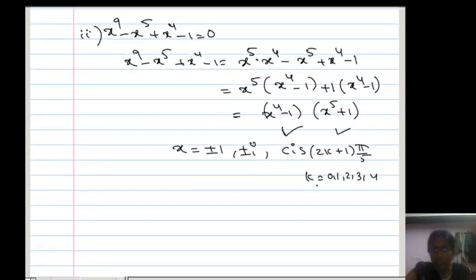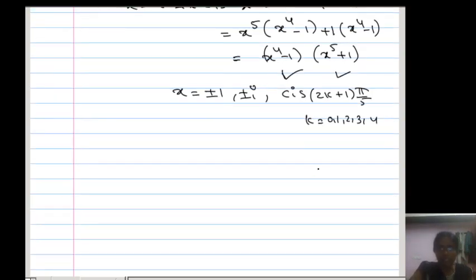So the combined solutions, if you simplify, k equal to 0 you will get cis pi by 5. If you take k equal to 1, 1 plus 2, 3 pi by 5. Next, if k is equal to 2, 2 into 2, 4 plus 1, 5. So cis pi means cos pi. Cos pi you already know is minus 1. So repeat it like that. You simplify, you will get the answers.